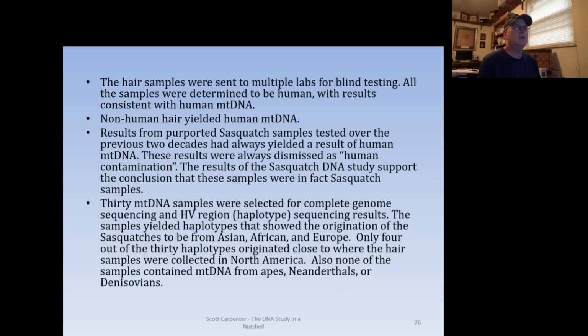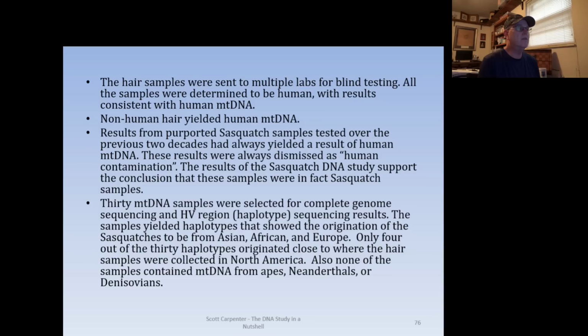The results of the Sasquatch DNA studies support the conclusion that these samples were in fact Sasquatch samples. 30 mitochondrial DNA samples were selected for complete genome sequencing and HV region haplotype sequencing results. In other words, we're going to find out where they're from, the regions of the world. The samples yielded haplogroups that showed the origination of the Sasquatches to be from Asia, Africa, and Europe.